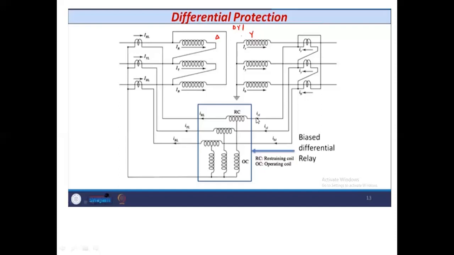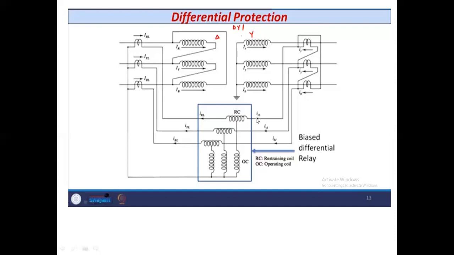On the other hand, if I use a star-star connection, then the CTs on both sides should be connected in delta. However, the star-star connected vector group is normally not used; we use either Dy1 or Dy11.